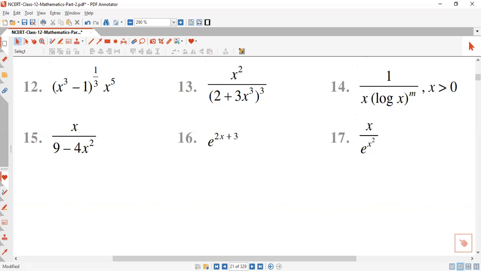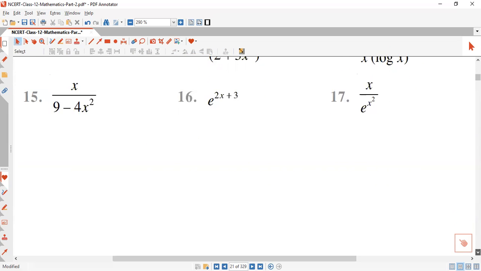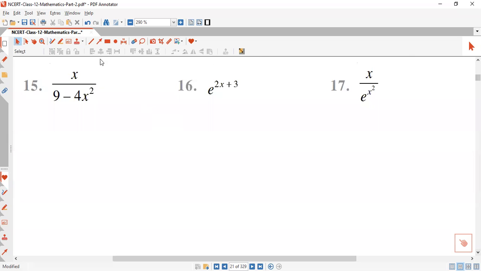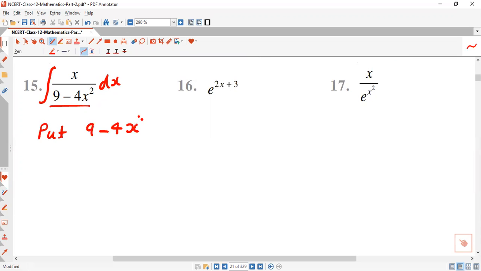Now we want to do question number 15. In this question number 15, we want to do the integration of this question. Again, you see the denominators are there. I have to remove the denominator basically. So we put this denominator 9 minus 4x square equal to t.